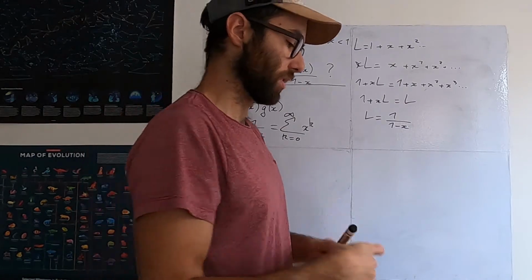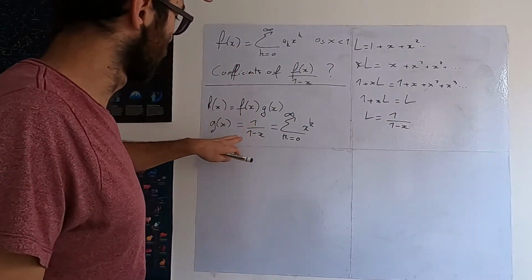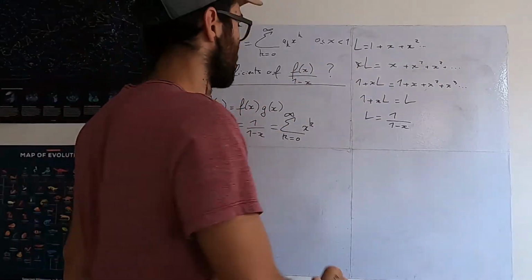That's how you can get the intuition for why 1 over 1 minus x is the sum of the powers of x.